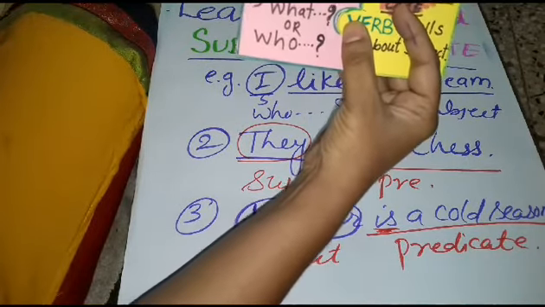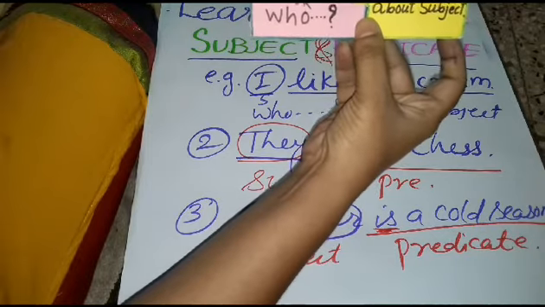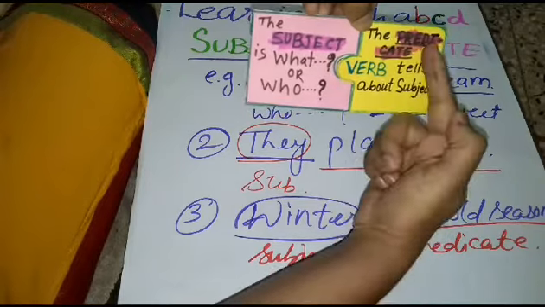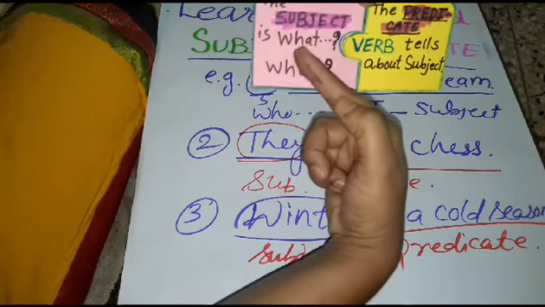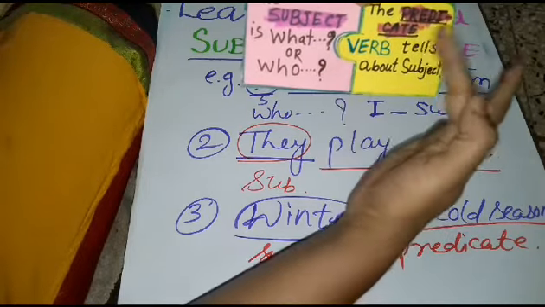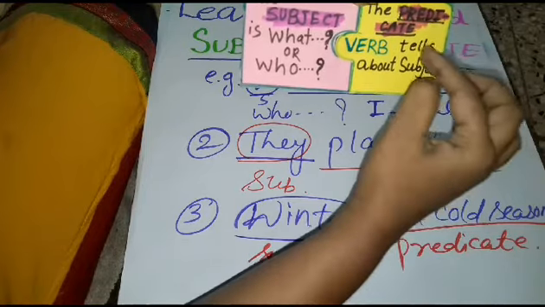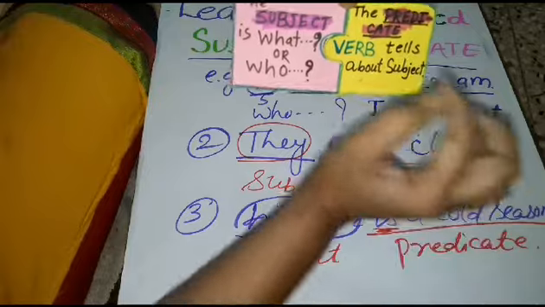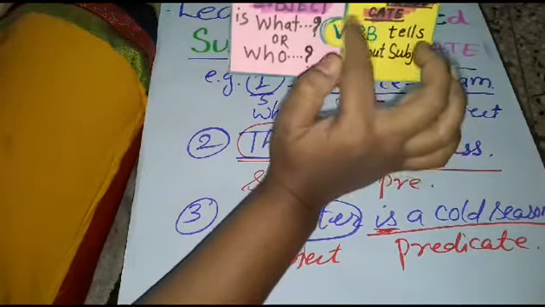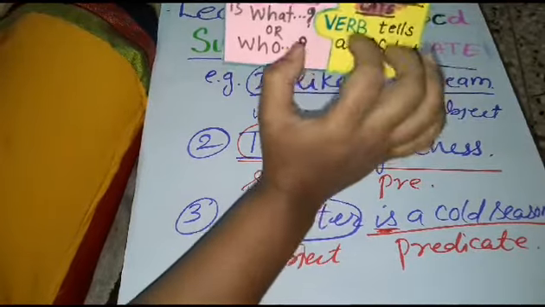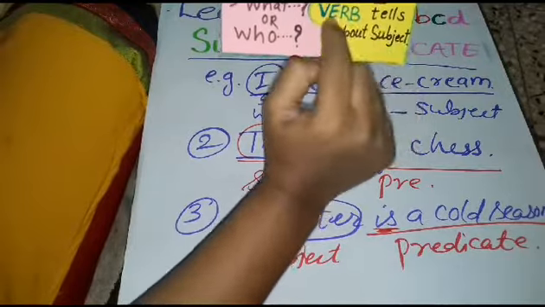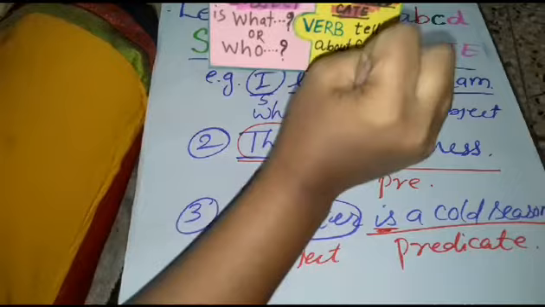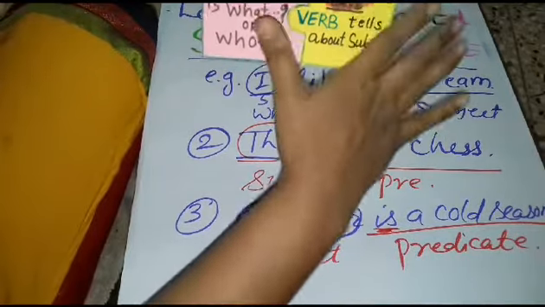If we add this portion, then we get the complete sentence, that is the predicate. The predicate tells about the subject, how the subject is, and which includes verb. Verb is included in this portion, predicate. So in the predicate, verb is one of the main parts.